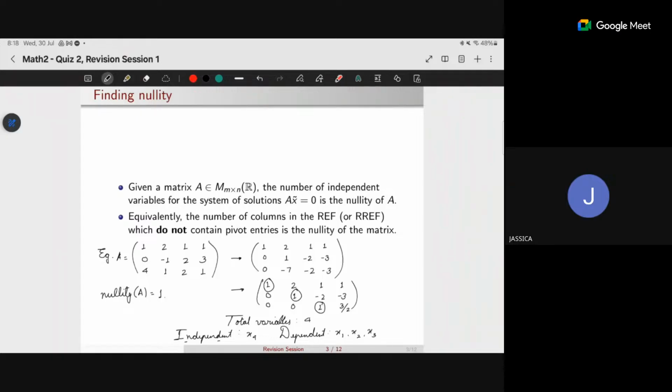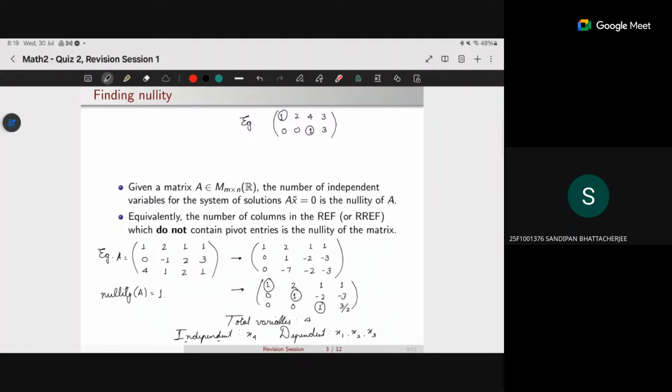If there were two columns, for instance, if the REF of the matrix itself was something like this, let's say, whatever, so this is in REF, right? What is the nullity of this matrix? 2. Yes, because you have two dependent variables and two independent variables.